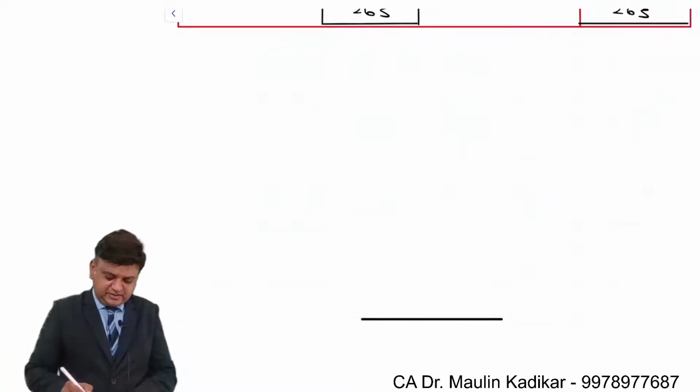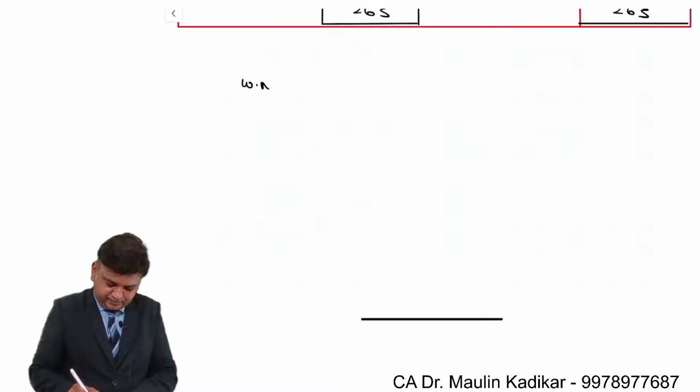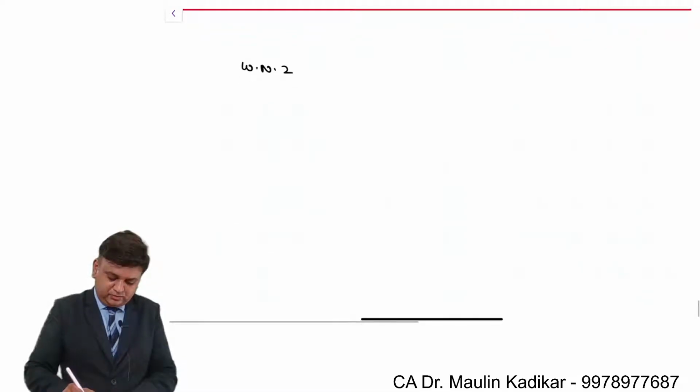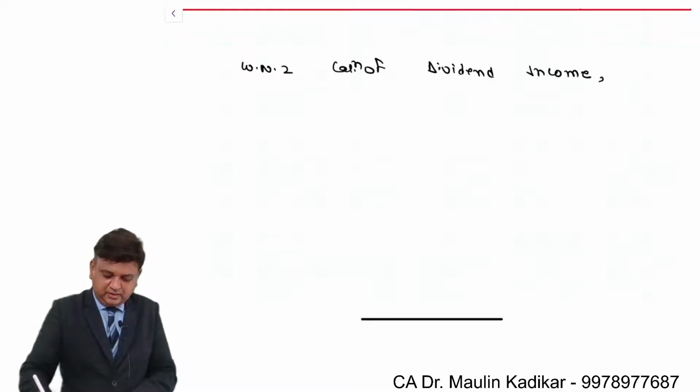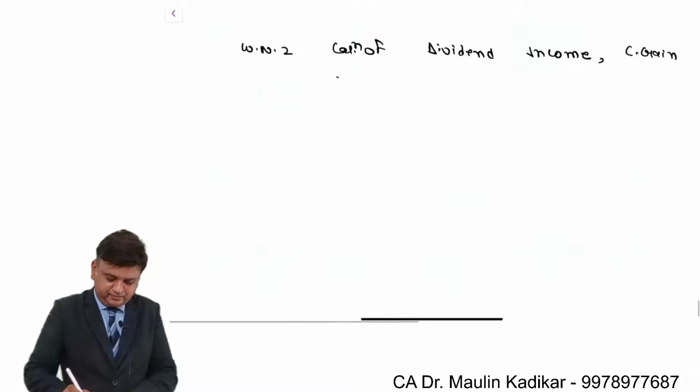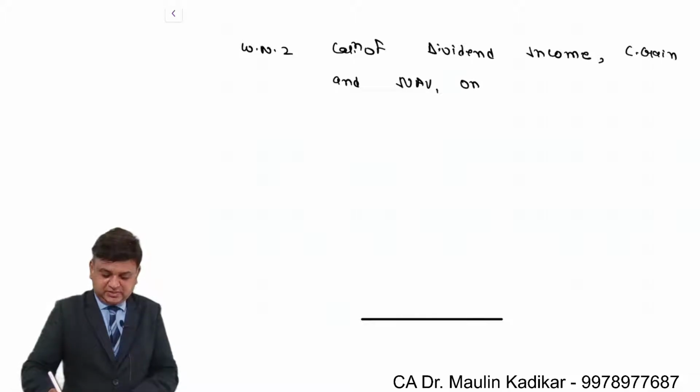Now it's very simple, friends. Working note number 2, calculation of dividend income, capital gain and NAV1 on per unit basis.